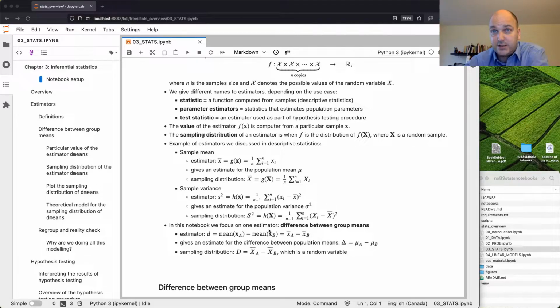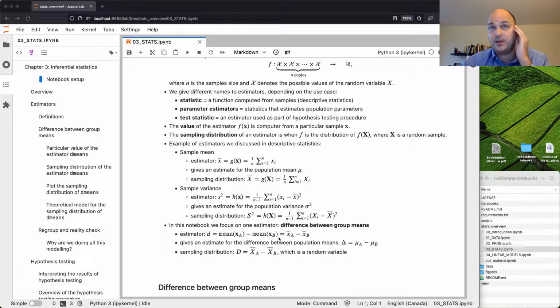The estimator we need, and we already saw it, is the difference between group means. So imagine you have a sample from one group, and another data sample from another group. You compute the mean in each group, and you subtract them. In our data analysis scenario, we had employees who received statistics training and employees who didn't, and we want to compare these two groups.